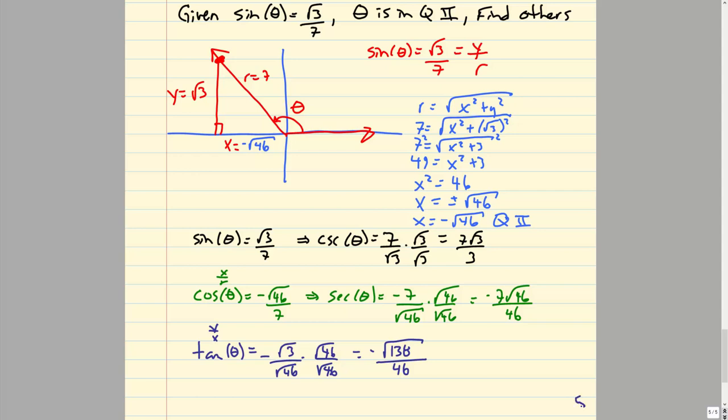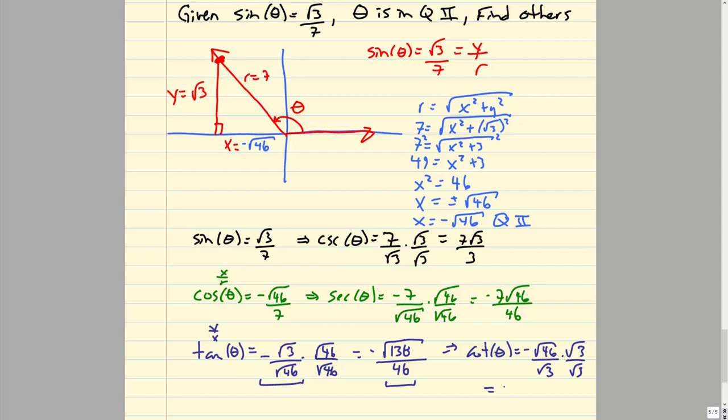And once I know the tangent, I also know the cotangent. So the cotangent of theta would be the reciprocal of this right here, but I'm not going to do that because my numbers are going to get so big. I'm going to come back here to reciprocate. So this would be a negative root 46 over root 3. So I'd multiply top and bottom by root 3.